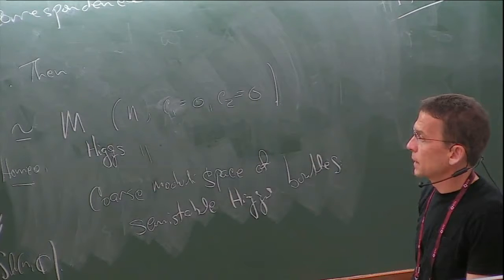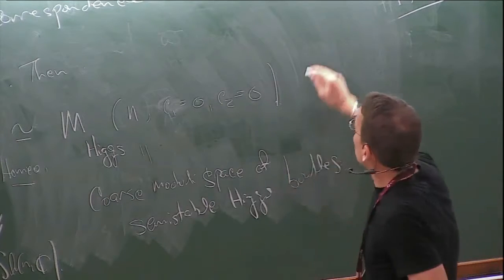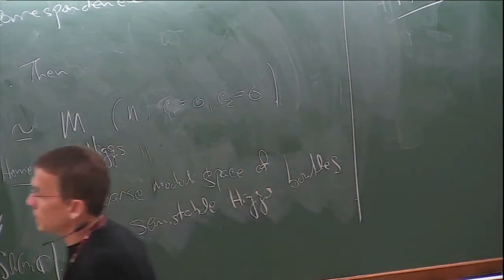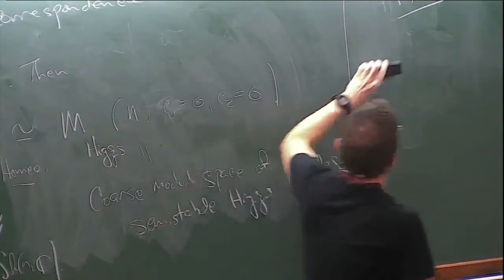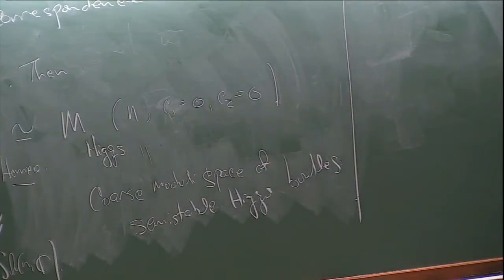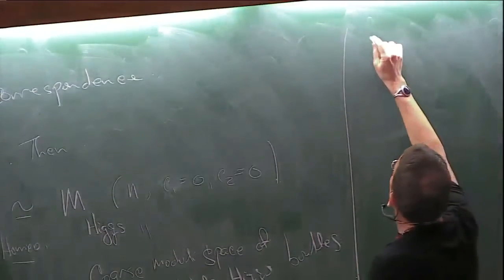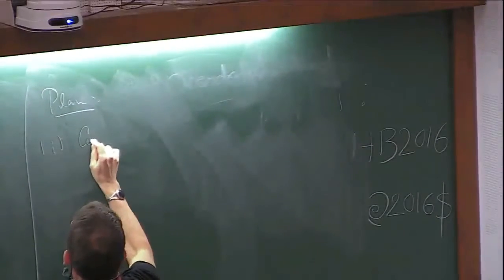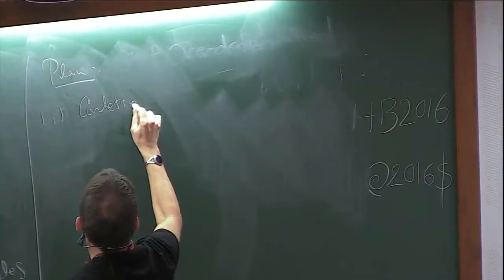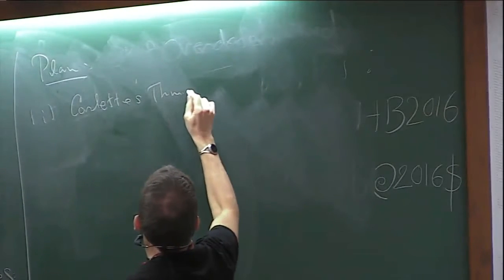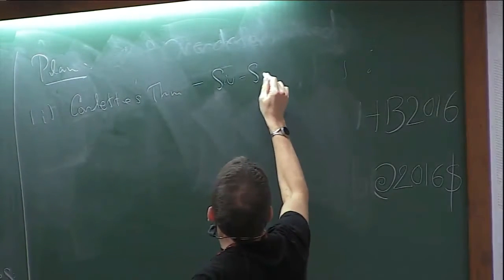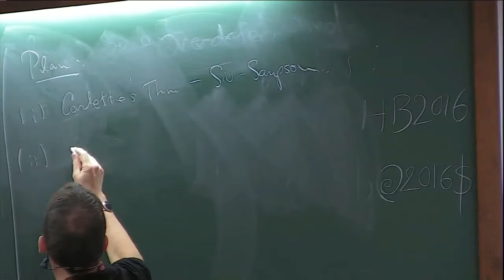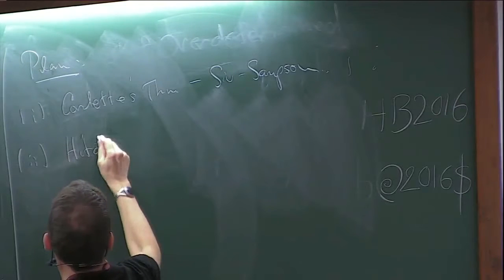But in any case, this is the theorem, and so the plan for the rest of the week is: tomorrow I would like to prove Corlette's theorem. And as I say, that involves the Sacks-Uhlenbeck and Siu-Sampson theorems as well. And then maybe on Wednesday, I'll do the Hitchin-Simpson.